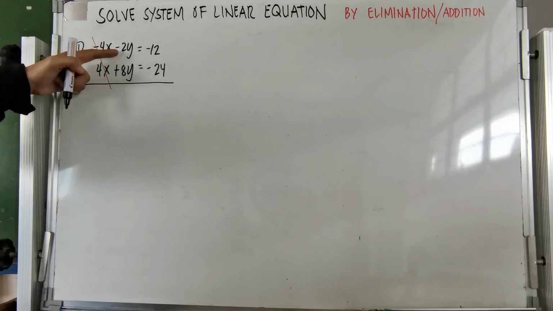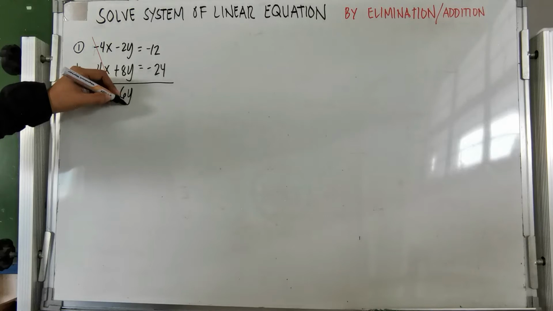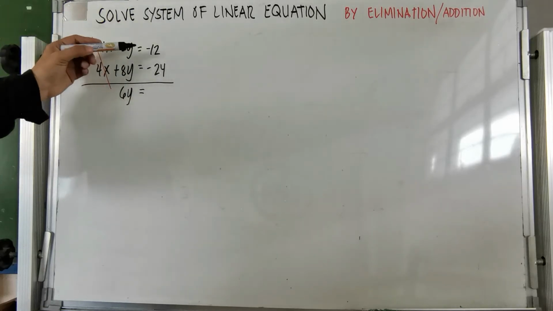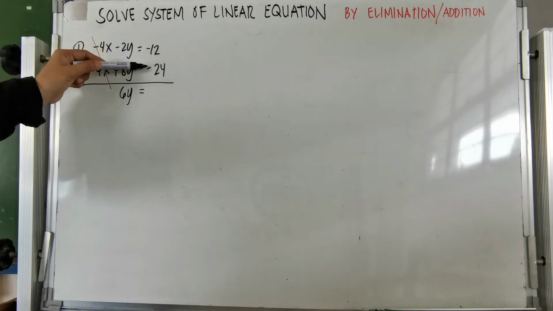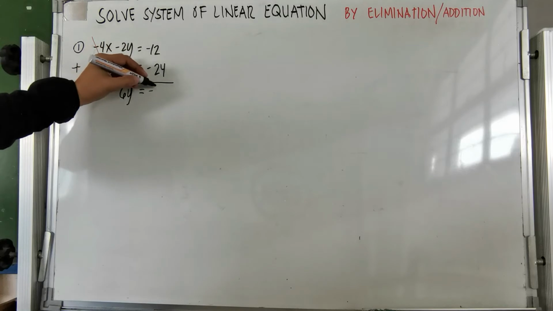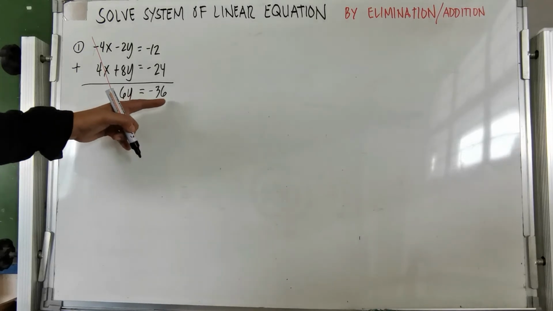Then negative 2, positive 8, we have positive 6y. Then both negative yung given, i-add natin. So we have negative 12 plus negative 24 is negative 36. Okay, now we have already 6y is equal to negative 36.